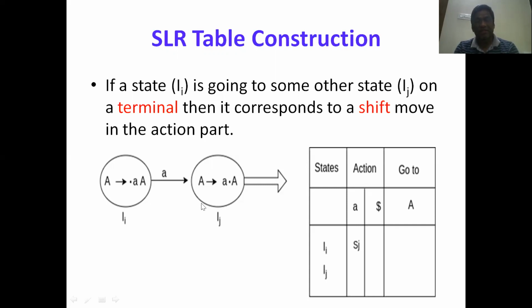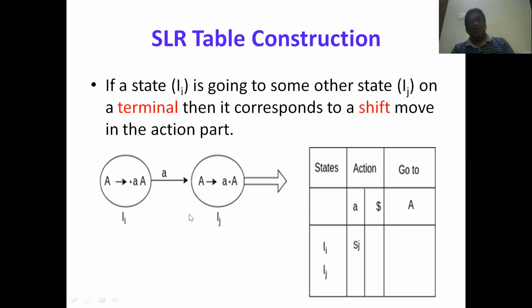Then it will be written like this: Ii on a, moving to state j. Therefore, the operation is shift. So Sj, S stands for shift operation, and j means to which state it is moving. So from Ii on small a, it is moving to Ij, and the operation to be performed is shift. That is what it is saying.